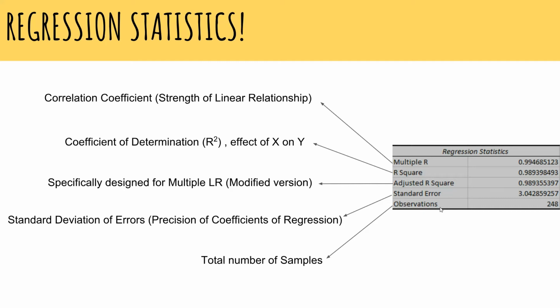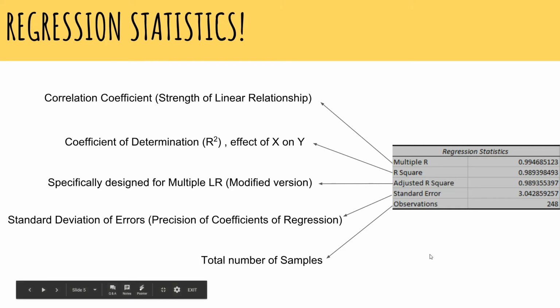Getting to the simplest things first, observations is basically the total number of data points that we had in our model. If you can recall well, we actually used around 250 data points to train our model, and then used the rest 50 of the data points to predict with our model. So observations is basically the total number of data points, the total number of samples that we had in our data.